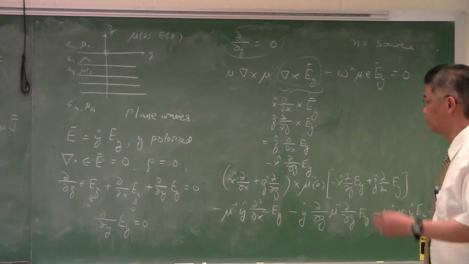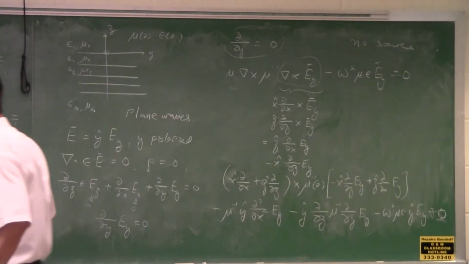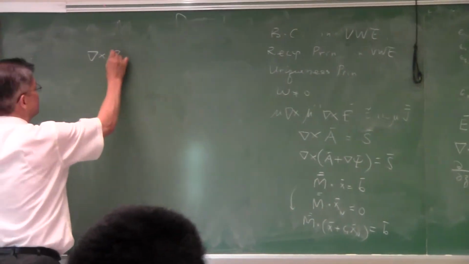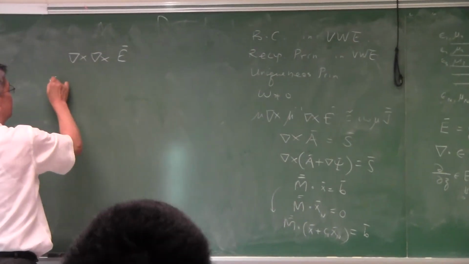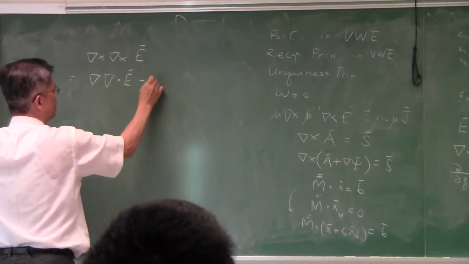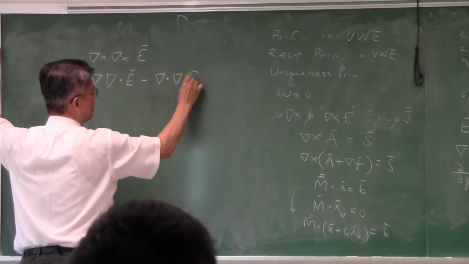But you asked me a question yesterday, which I thought you could have answered using a different mathematical notion. If you have curl of curl of E, it can be written as gradient of divergence of E minus Laplacian of E, right?